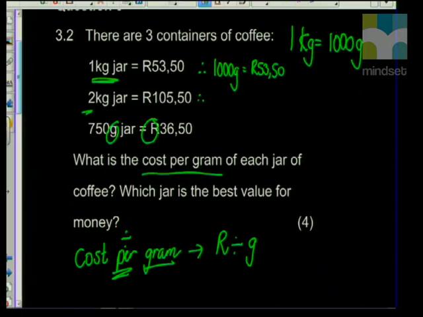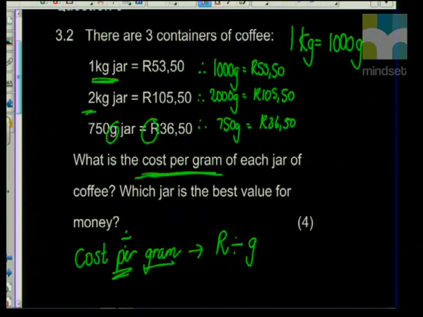This one is 2 kilograms, so that would be 2,000 grams is equal to 105 Rand 50. And this one we don't need to convert, it's 750 grams is equal to 36 Rand 50.